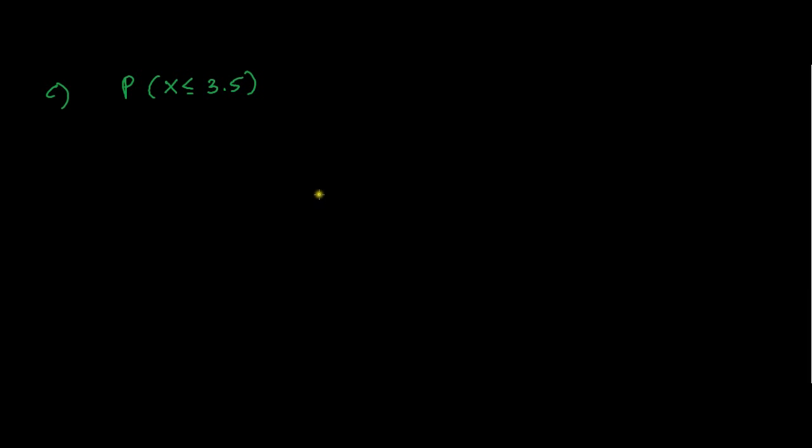Next we need to find the probability of capital X less than or equal to 3.5 using the PDF which was given earlier. There is one interesting identity, or interesting definition, which many of us don't know. That is, the cumulative distribution function F of x is nothing but the probability of capital X less than or equal to small x.